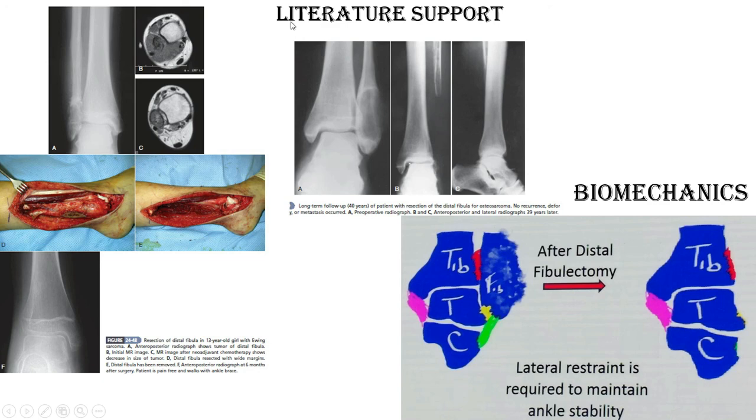So after review of literature, I saw one thing. For the lateral stability of this ankle joint, the fibula acts like a curtain. Curtain means lateral support is required for the ankle. If we can repair this lateral aspect, the fibular collateral ligament, then it will help ankle stability, because there is a good bony block over the talus with the tibia, with the strongest deltoid ligament.